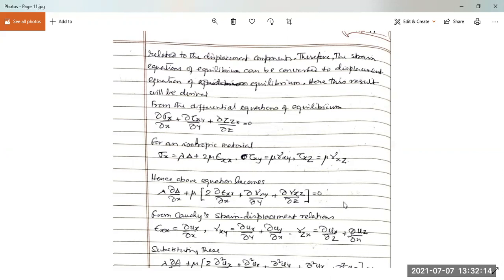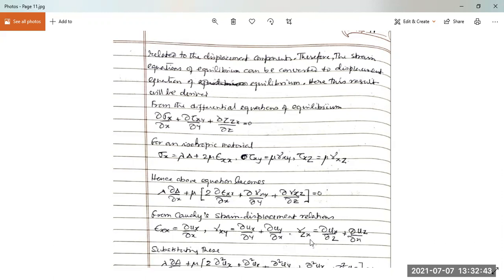First, from Cauchy's strain-displacement relations, we know ε_xx, the strain along the x-axis, is equal to ∂u_x/∂x, where u_x is the displacement vector itself. γ_xy is equal to ∂u_x/∂y plus ∂u_y/∂x, where u_x and u_y are displacement vectors in the x direction and y direction.